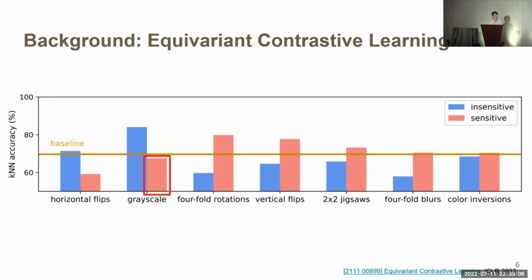In contrast, if we make the representation be sensitive to four-fold rotation, the performance becomes much better than the baseline. So this result shows that all of the augmentation methods should be useful in some ways, but we need to choose the right way to utilize them.